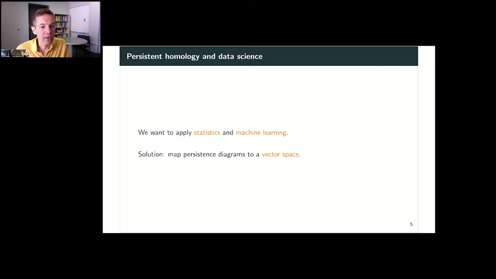To be able to use the full toolkit from these subjects, we would like to have a topological summary that is a vector. We can do this if we map our persistence diagrams into a vector space. This map is sometimes called a feature map. There's a corresponding kernel, and a more sophisticated way of looking at this is that we are mapping our persistence diagrams into a Hilbert space.